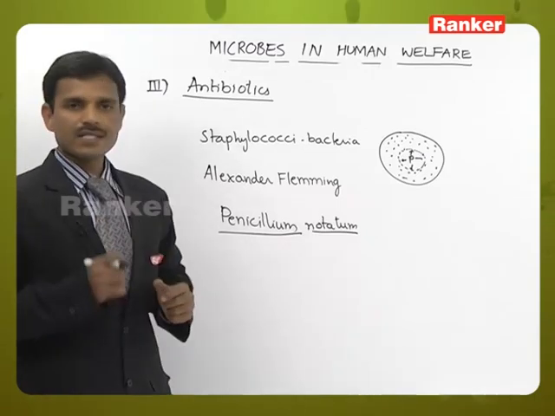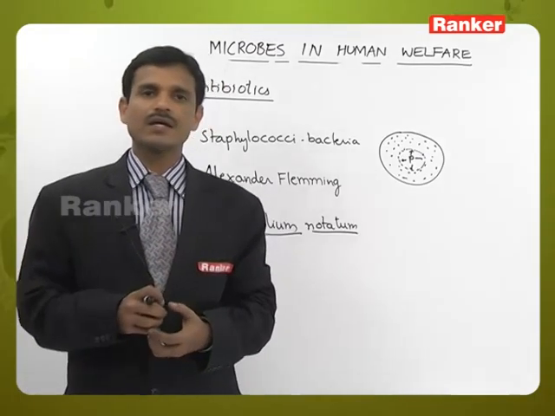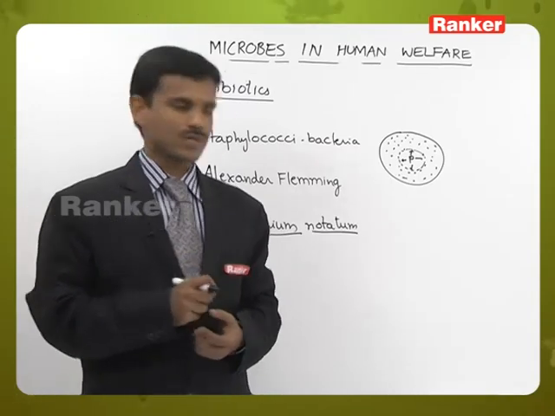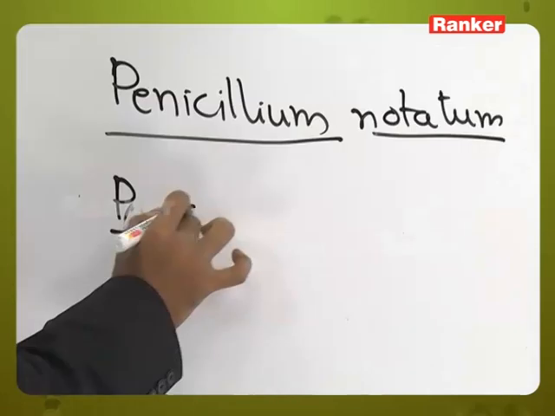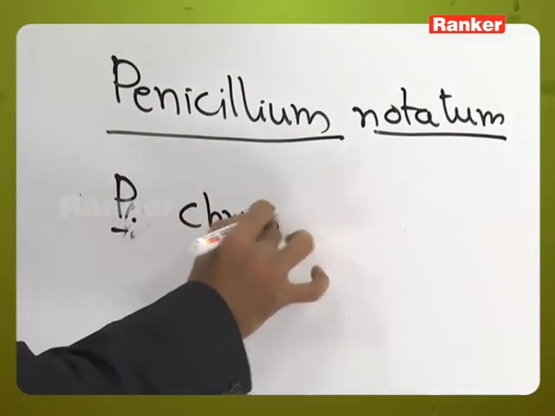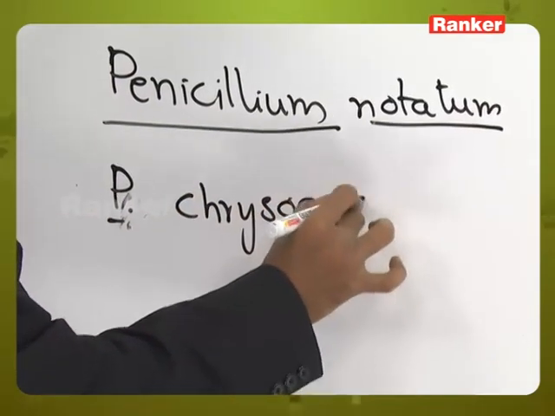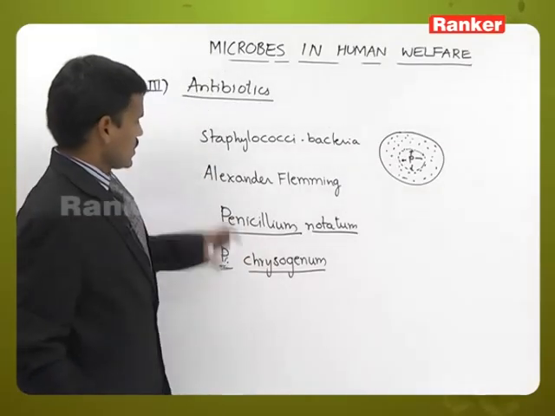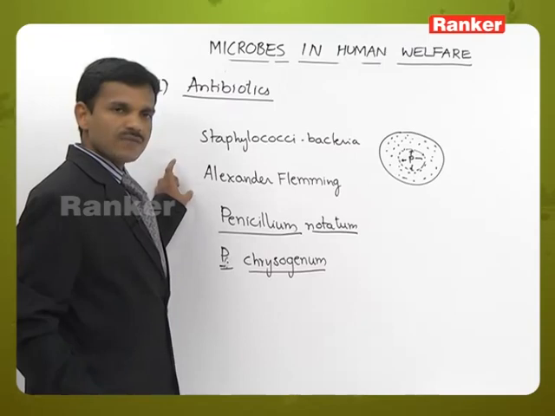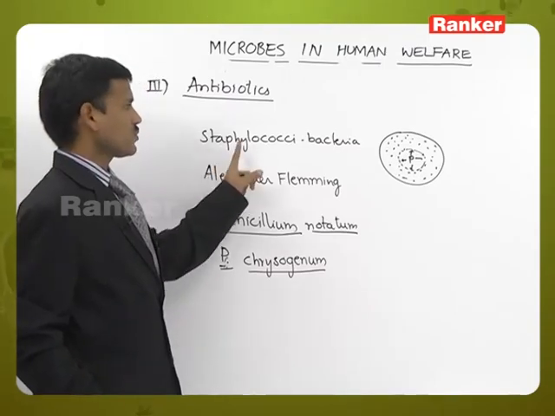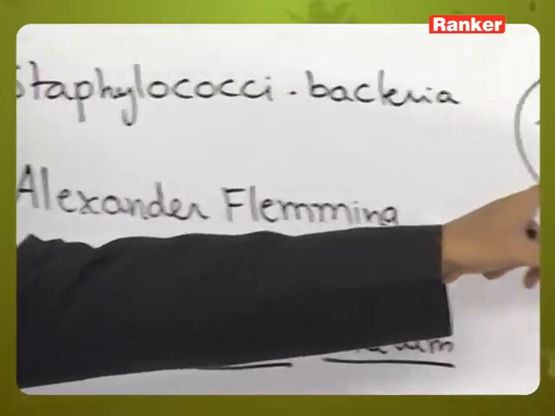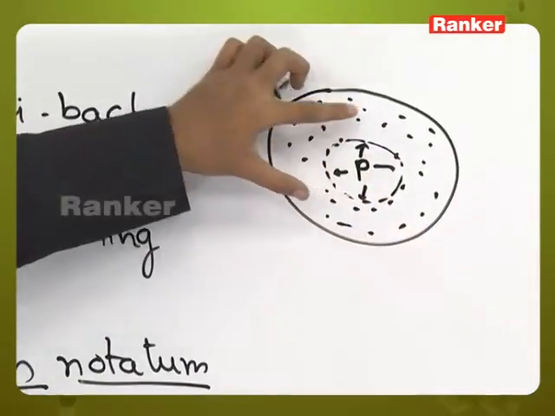Next, industrially, in large quantities, it is extracted from Penicillium chrysogenum. Discovered by Alexander Fleming while he was studying Staphylococci bacteria, he observed one fungus growth inhibiting the growth of other bacterial members.